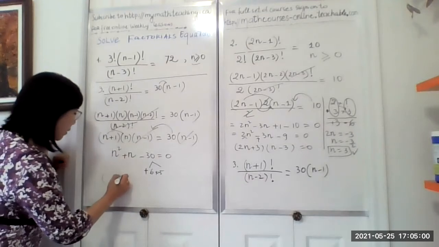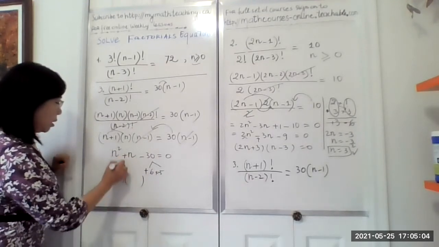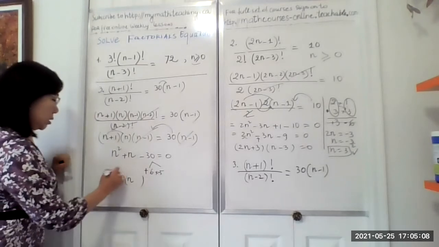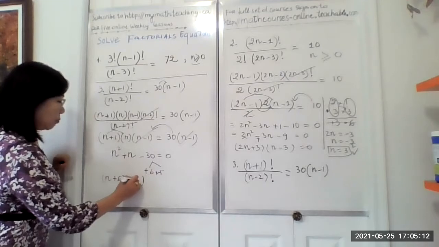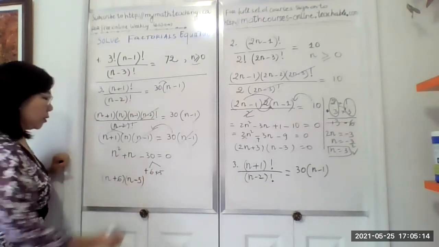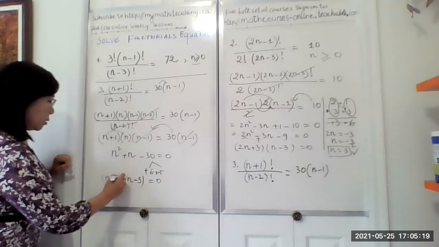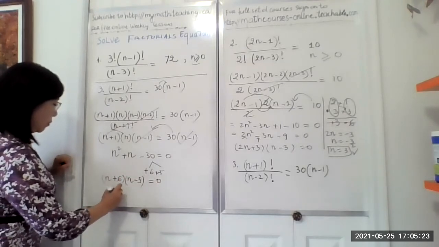So now I'm going to factor this into 2 brackets. n will go in here to form an n squared, another n has to go here. The number with the plus sign goes in here, and the number with the minus sign goes here, equals 0. Now set each bracket equal to 0 and move it over.